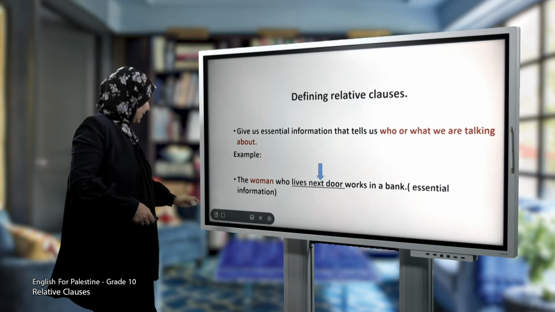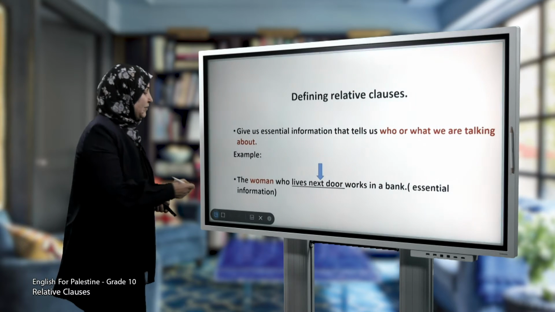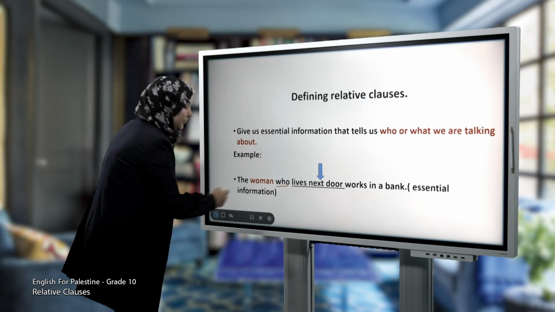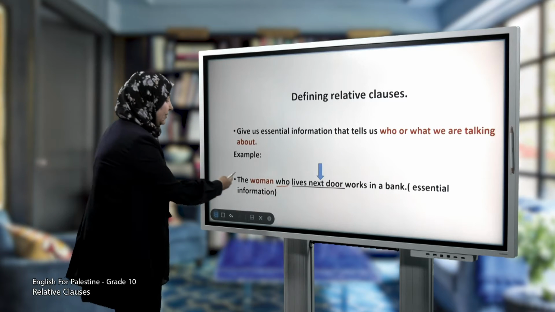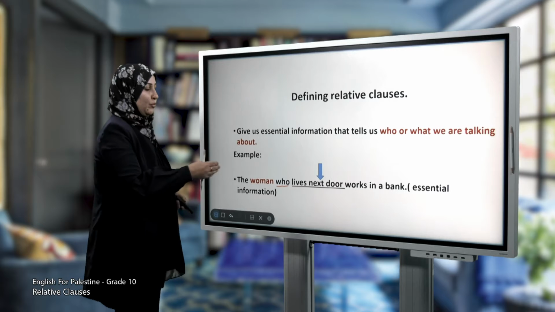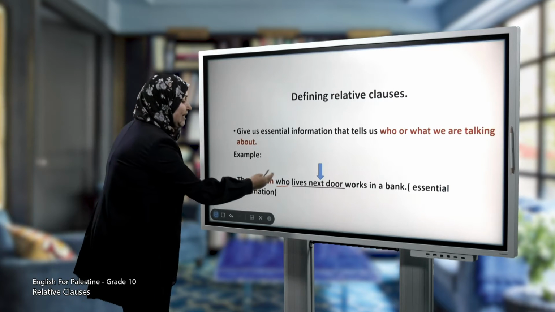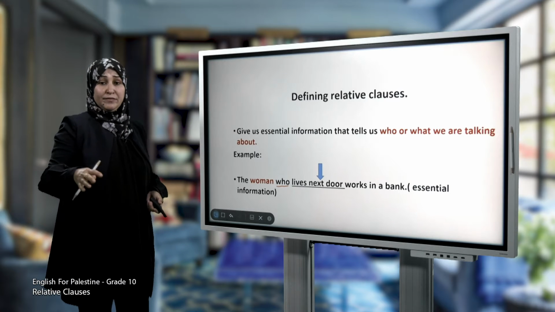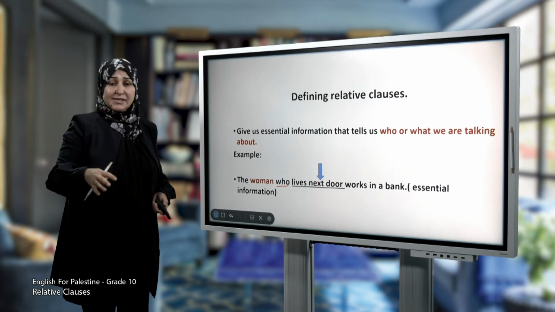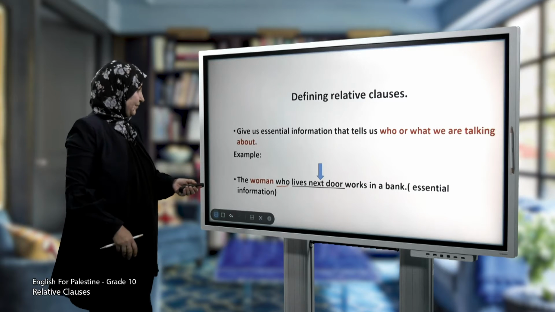Here we use the relative pronoun who to give us more information about the woman. The information here is essential and new for us also.